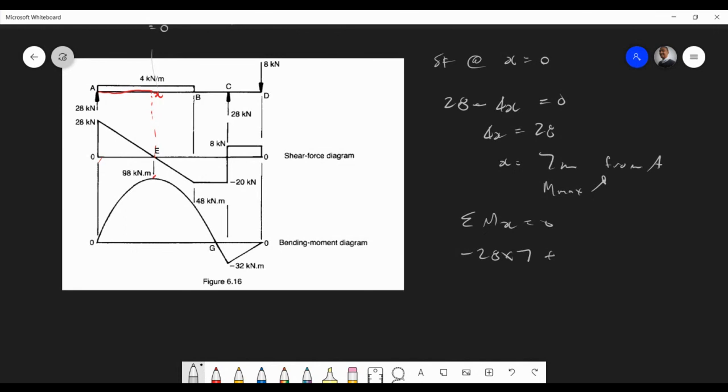It depends on how you've taken your signs the whole time. If you're taking counterclockwise as positive, then yes, that's correct. Plus 28 times 7, minus 4 times 7, which is the whole span of that X, times 7 over 2. Remember, this is just the force part, and that's the distance. That's a moment. And then we can get our moment at X. So we compute that. We get 98 kilonewton meter.